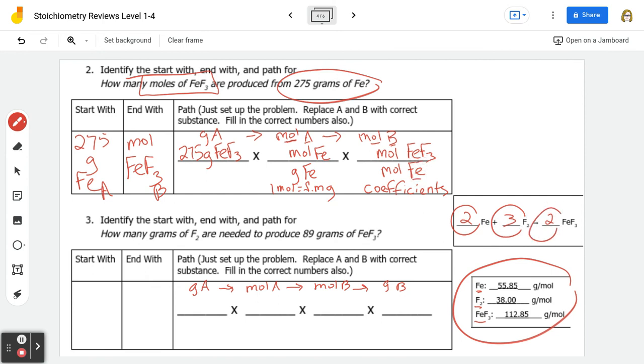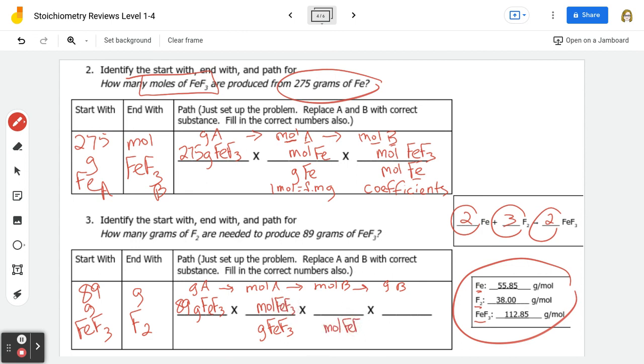And in your last one, you've got grams of A to grams of B. So we got 89 grams of Fe, F3. You're going to grams of F2. So we'll cancel grams of Fe, F3. We'll have moles of Fe, F3 on the top.